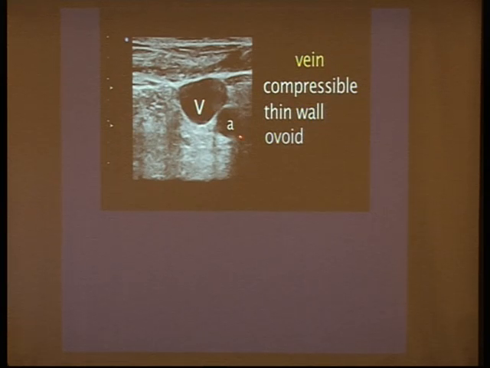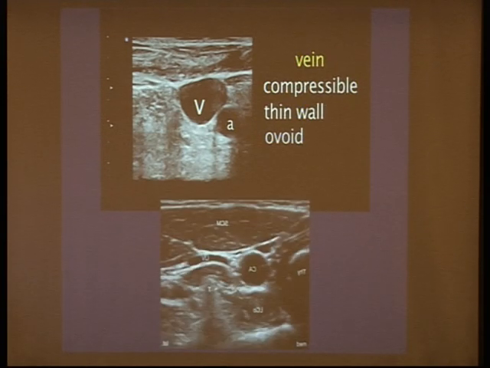This is the vein and this is the artery. Internal jugular vein is a compressible, thin-walled structure, and ovoid. So when you compress it, it becomes like this, while artery will continue to have its shape even with pressure.